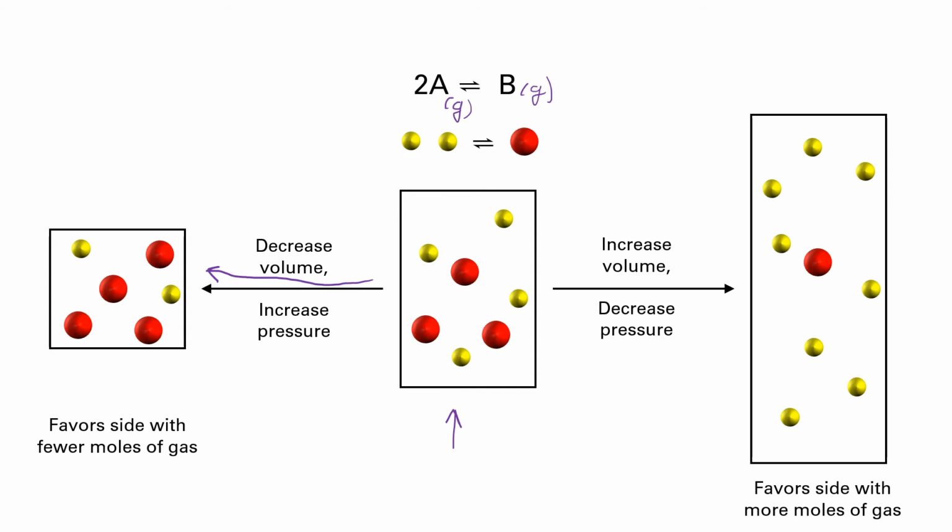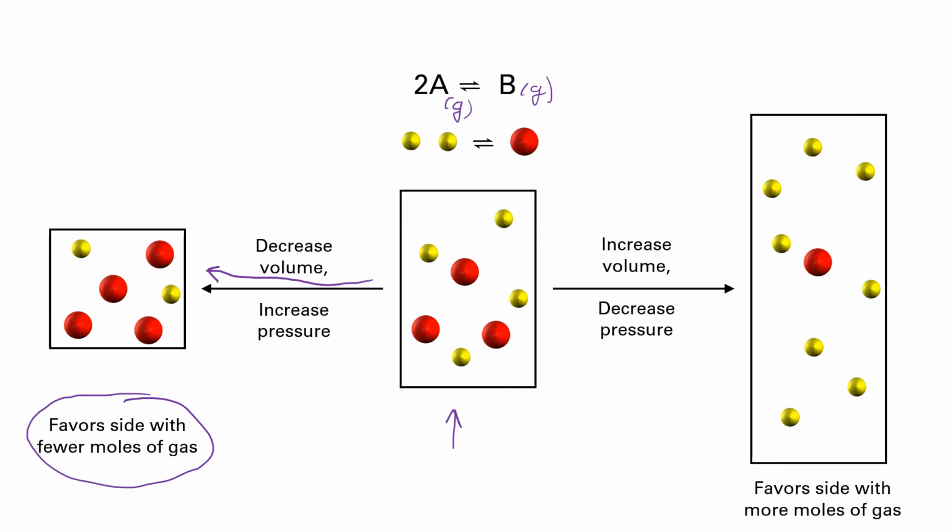So notice that in the diagram on the left-hand side, we have only 2 of the yellow spheres instead of 4, and so that means that we've increased the number of reds from 3 up to 4 as 2 of the yellows converted into a red. So this process of decreasing the volume will shift to the side that has fewer particles of gas.